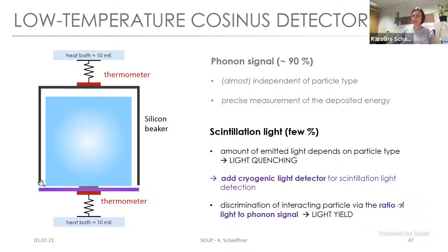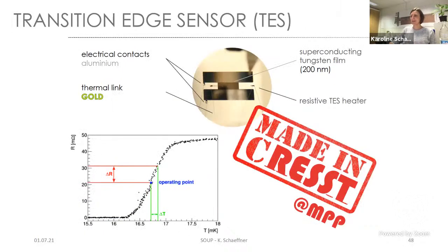This we detect using what we call a silicon beaker. It's like an espresso cup made out of silicon, where we also have produced a transition edge sensor. By measuring both the light and the heat, you can do this particle discrimination, because the light output depends on the particle type.